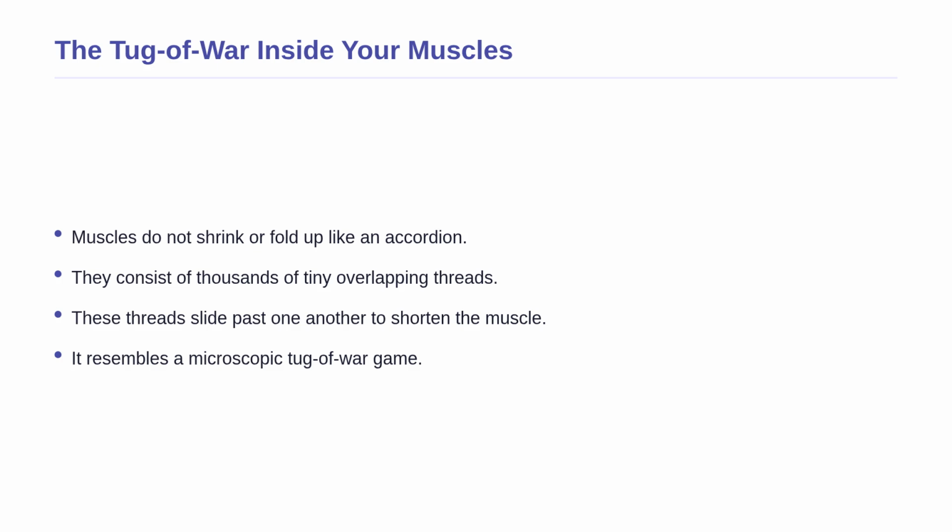Your muscles are made of thousands of tiny overlapping threads that continuously slide past one another. This microscopic sliding action shortens the overall length of the muscle, and it is the fundamental secret behind every single movement you make.